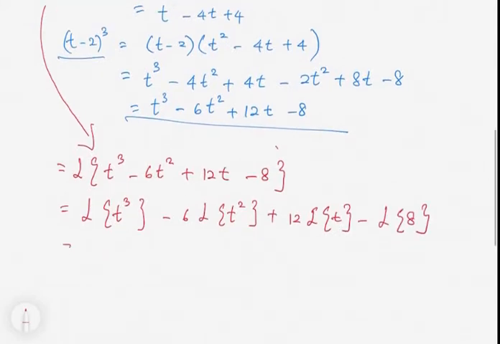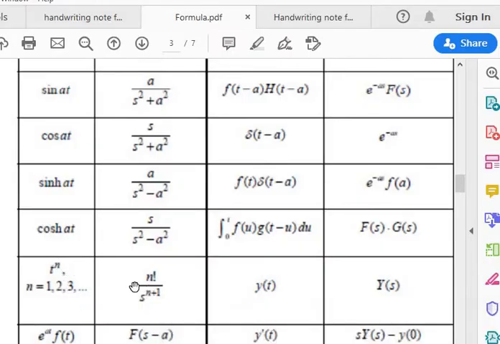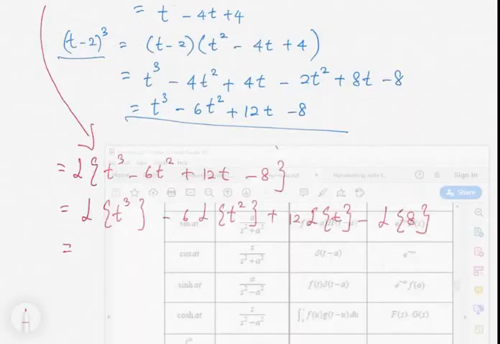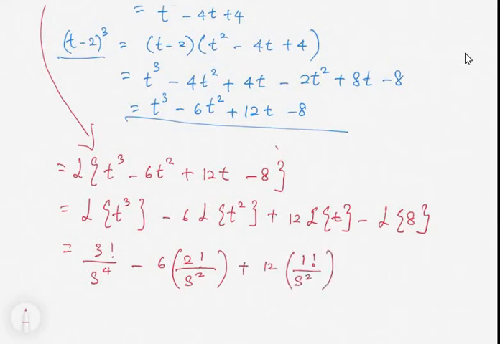As I mentioned just now, t power of 3 is referred to this formula. So you have 3 factorial divided by s power of 4, minus 6 times 2 factorial over s power of 3, plus 12 times 1 factorial over s power of 2, minus 8 over s.